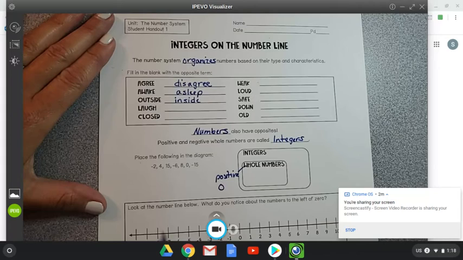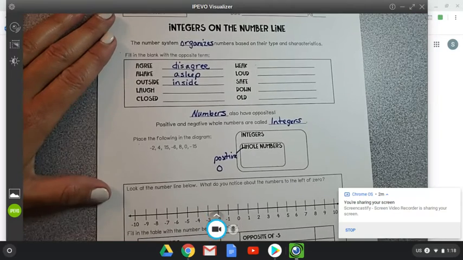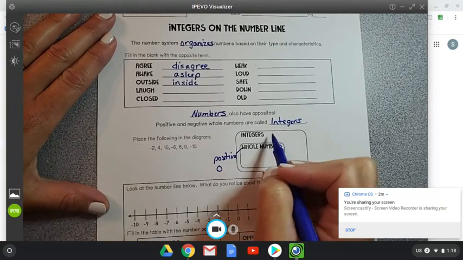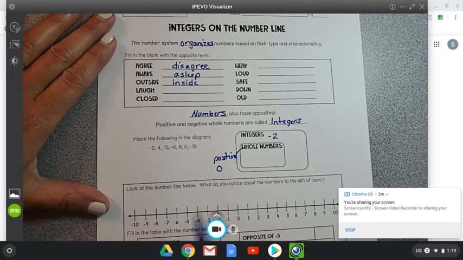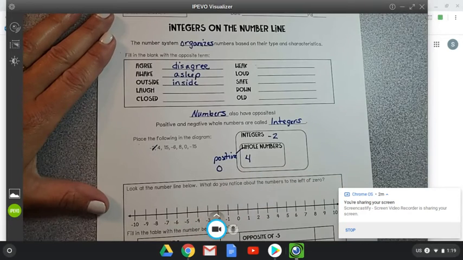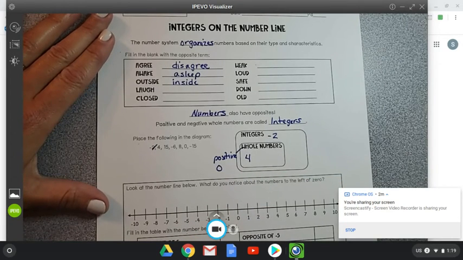All right, so I'm just going to place a few of these numbers into our diagram, and then we're going to have you guys do the rest. So -4, because it's negative, it's going to be an integer. So all the negative numbers are not whole numbers, they are integers, okay? +4 is a whole number because it's positive, okay?